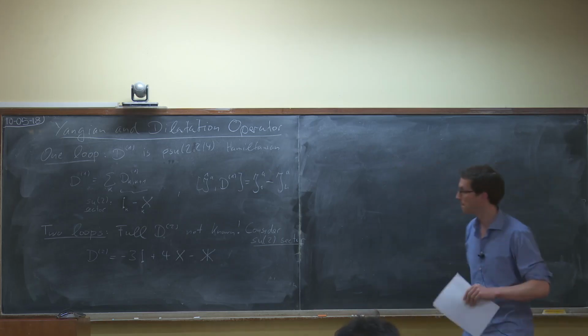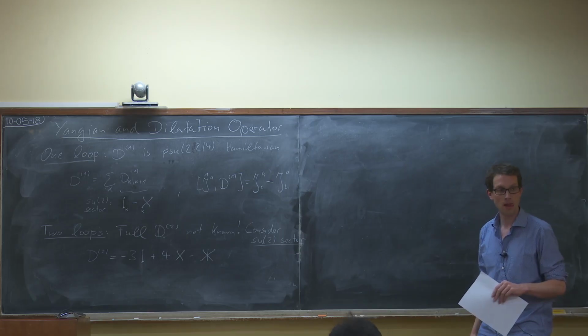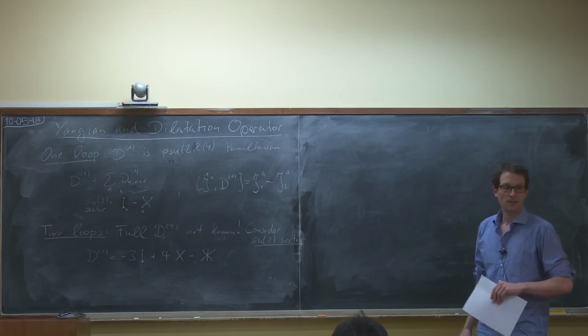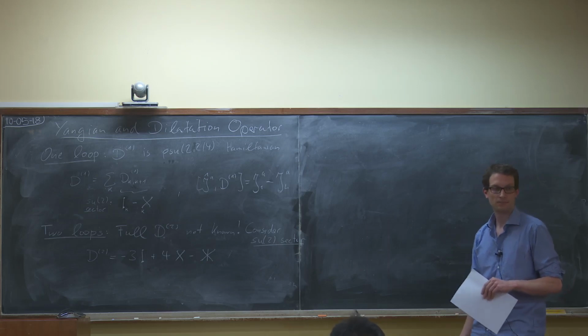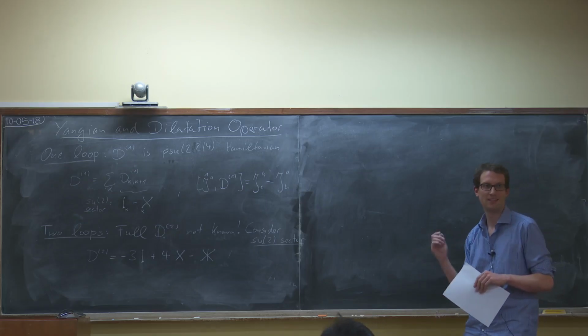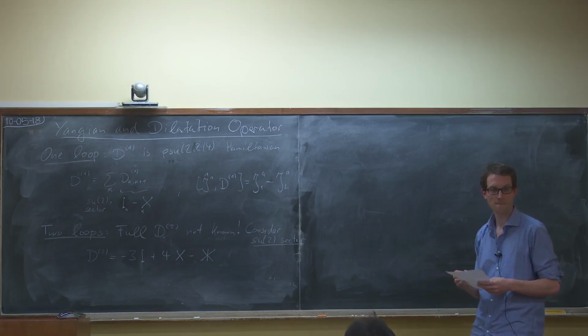In principle, in the SU(2) sector, one can also give it at higher orders. Just to check that I understood correctly, the identity should be drawn as three vertical lines. Yes, in principle. And the second one is one vertical line and the cross. On a periodic chain, it will actually not matter which way you draw the boundary. The 3, 4, and minus can be understood as insertions of the commutators.